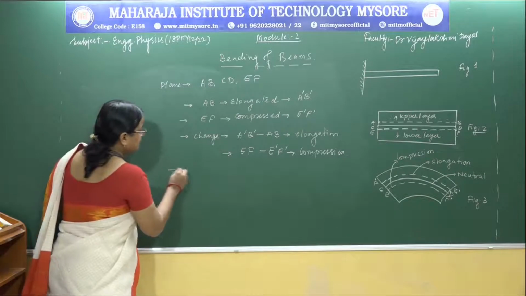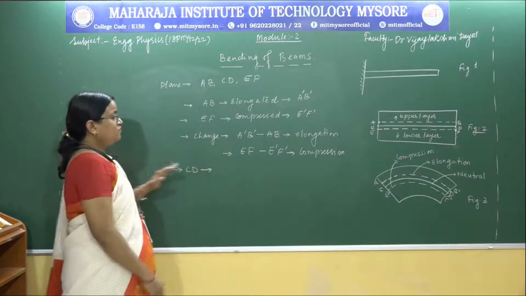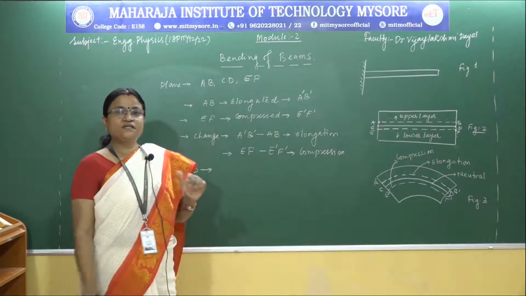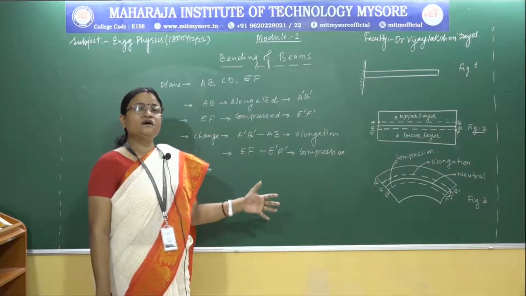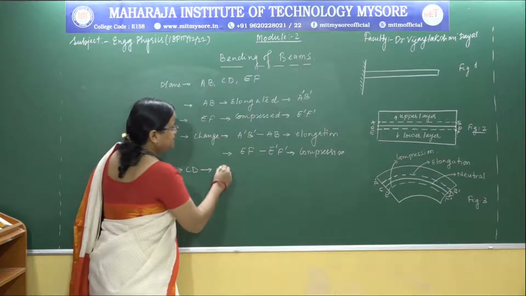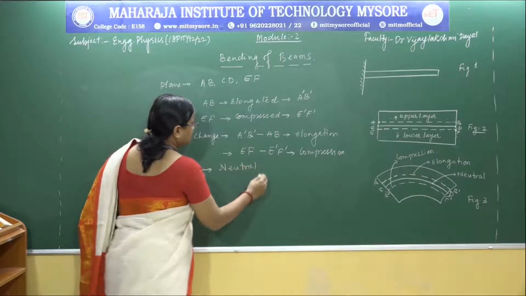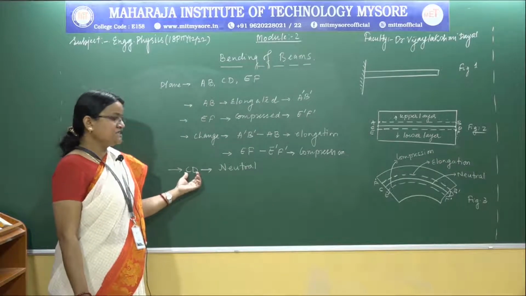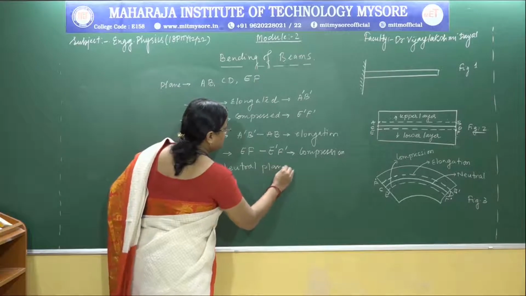Now here CD, which we take as the reference layer, we assume is neutral: there is no change in length while the load is applied. So this CD we call neutral. The plane in which it is made we call the neutral plane.